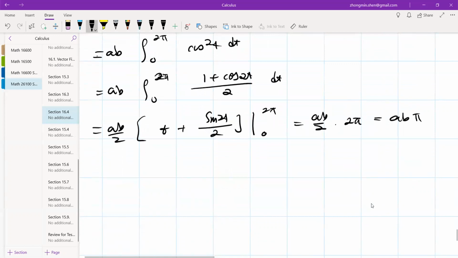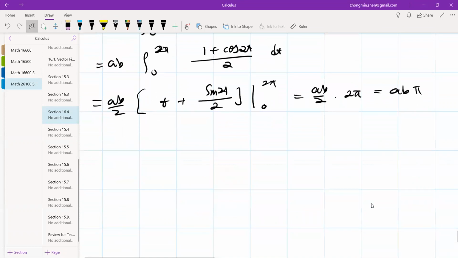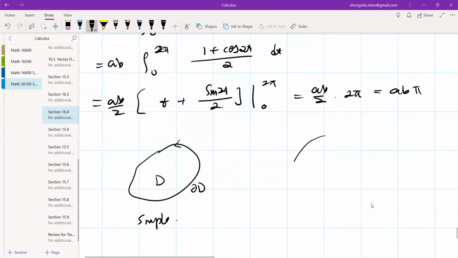So this is the region D, no holes. Okay, simple case, and this will be the boundary curve. Then let me repeat again.